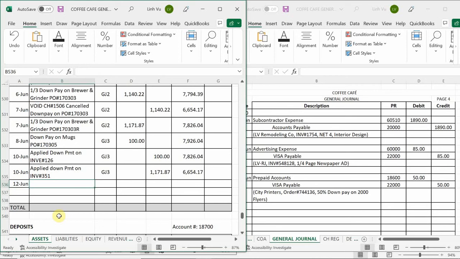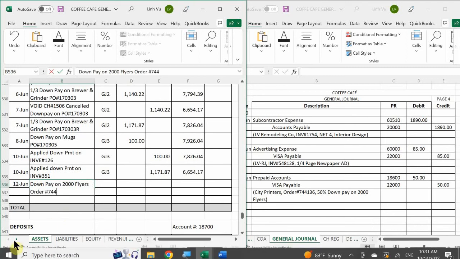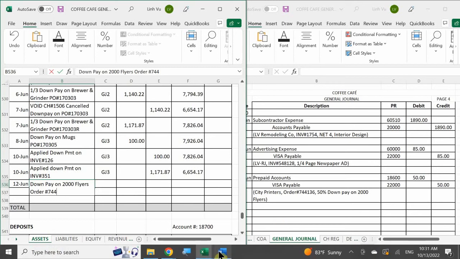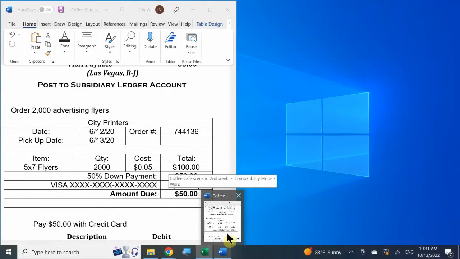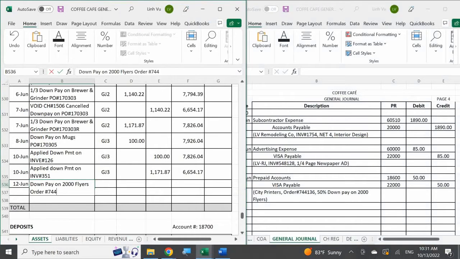I have a down payment, down pay on 2,000 flyers. You can put in whatever the order number was, so the order number 744136.